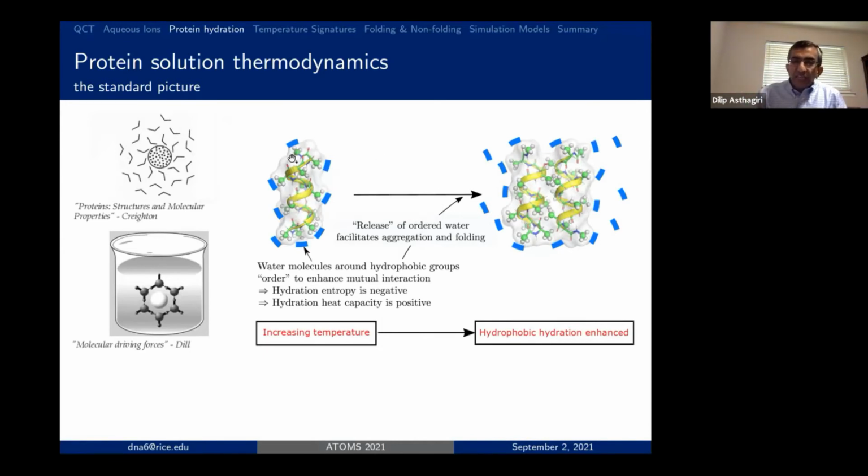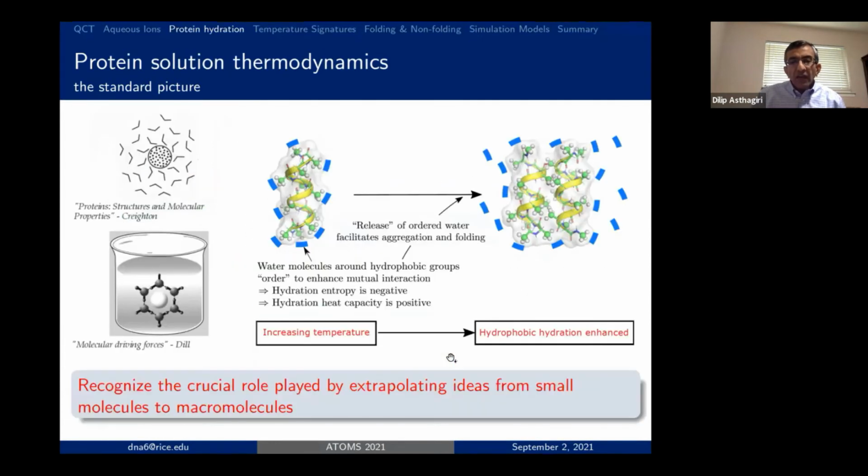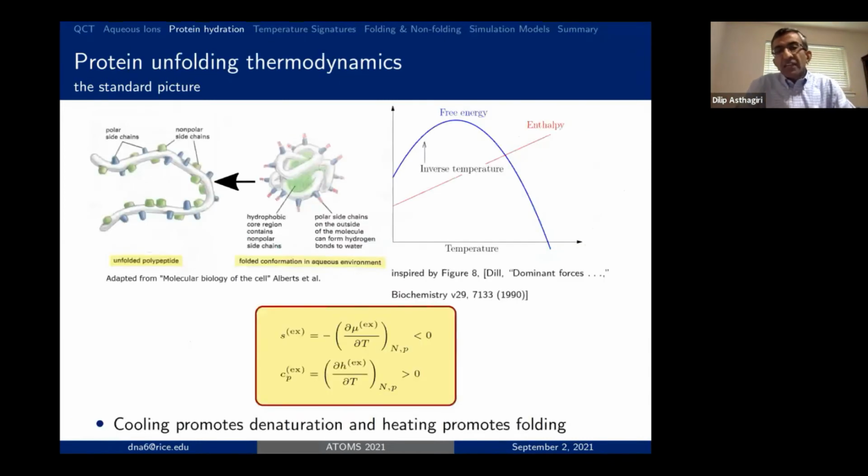Again, all of these ideas are coming from extrapolating from these simple molecules, simple solutes in water, onto the protein. Okay, and in the case of protein folding, which is what we will focus on shortly, the same idea is implicit here. So I have now an unfolded polypeptide.